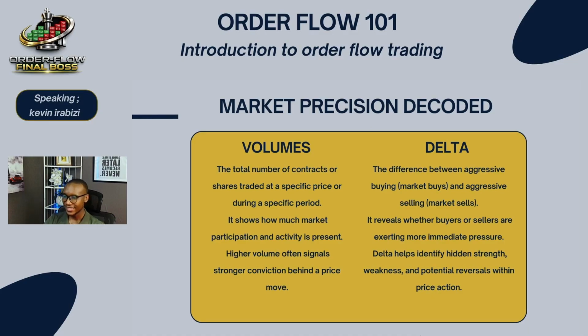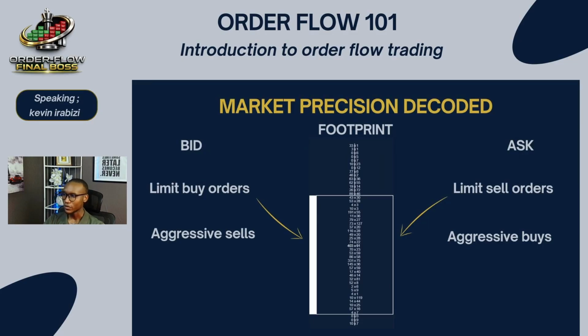And in the last lectures, we studied that the footprint has two parts. We have the bid and the ask. So we said on the bid side, we have two types of orders. We have limit orders and aggressive orders. And we said our bid has limit buy orders, and those buy limit orders are executed by aggressive sellers. So aggressive sellers sell to the buy limit orders on our bid side.